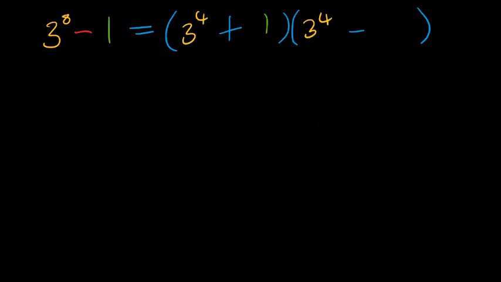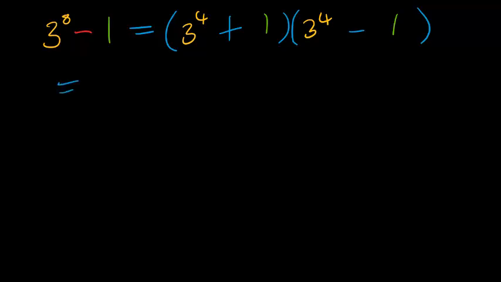Okay, so 3 to the power of 8 minus 1 is going to give me 2 brackets, plus and minus. That becomes 3 to the power of 4, and we've got 1 on both sides. So 3 to the power of 4 stays the same.